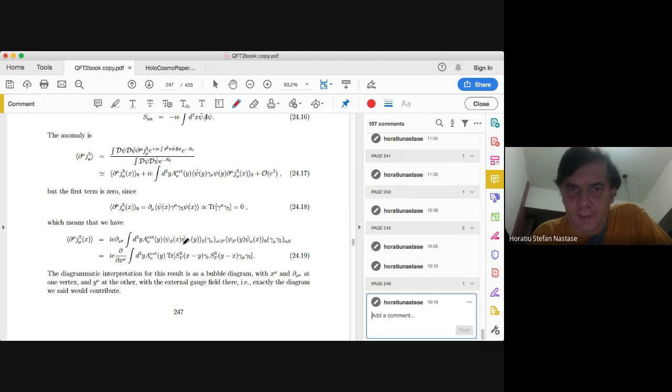And then I'm left with what? So I've reordered this in such a way as to have propagation from x to y, but the point was to have ψ and ψ̄ next to each other.